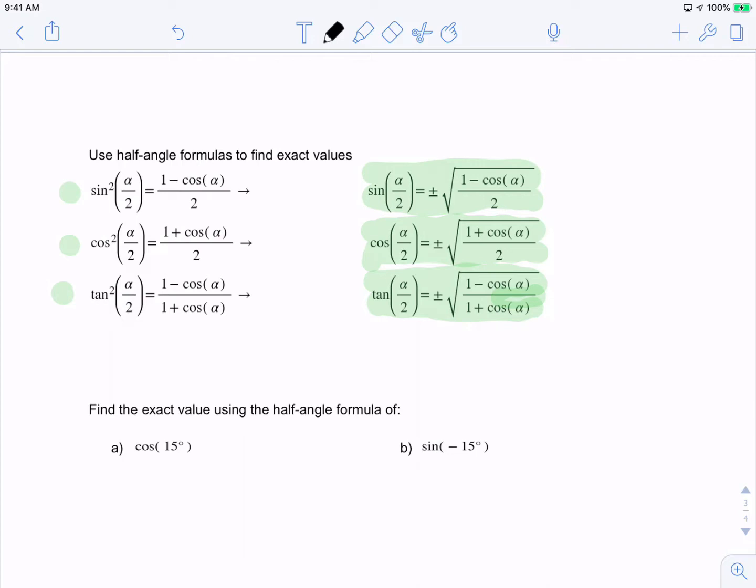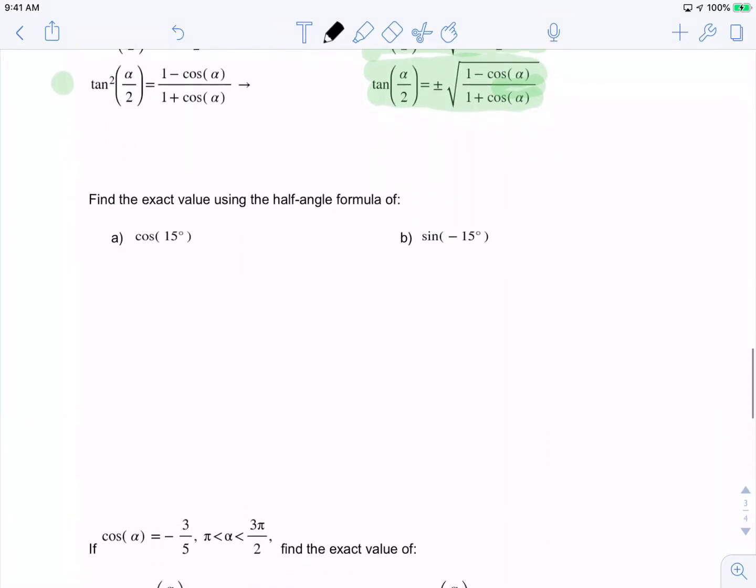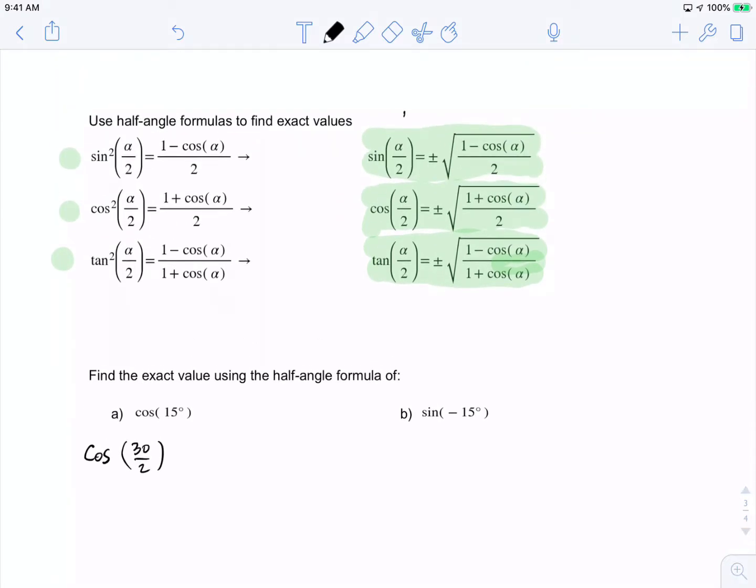And so let me show you an example here with cosine of 15 degrees. Now cosine of 15 I can rewrite as cosine of 30 over 2, right? And notice in these problems, in the formula, it's just the numerator that gets plugged in.